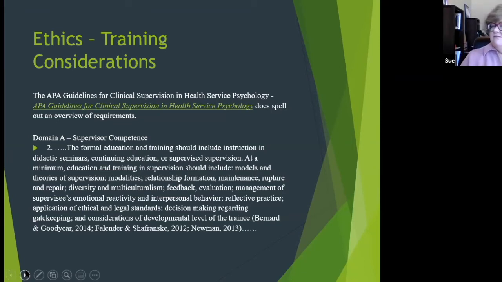So as you can probably tell, I would want it to be a little bit more detailed than that, and actually have some aspect of application so people can learn what it looks like to be a clinical supervisor. So even though some of these requirements are coming through, I think some graduate programs may still be grappling with exactly how to do that and what to make it look like.